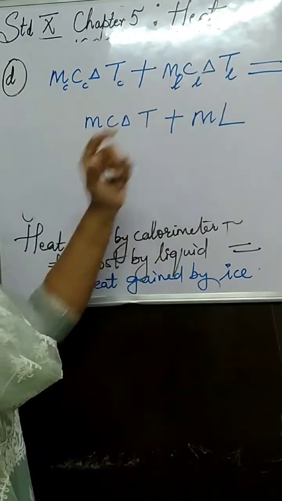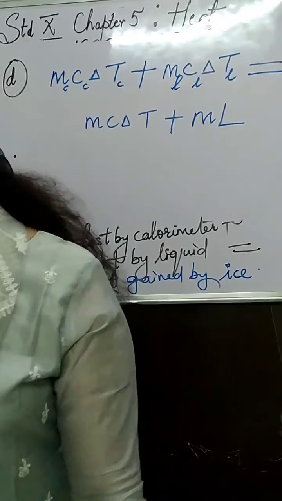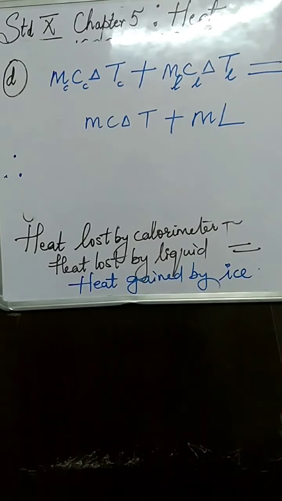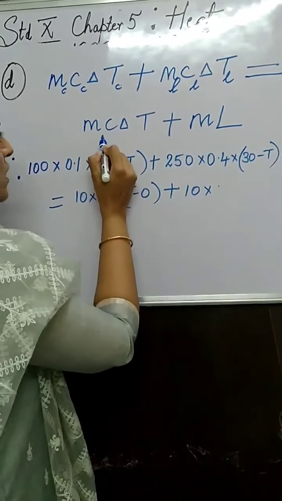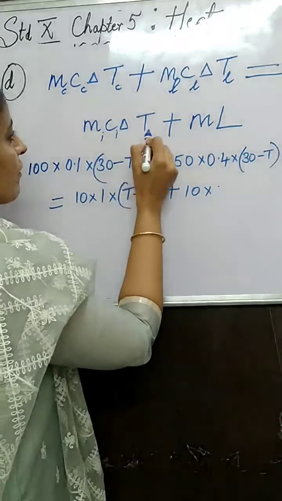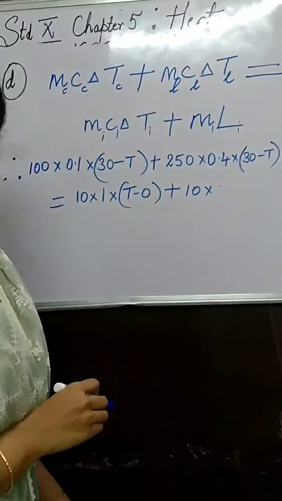Now put the values from the given part. MC delta T plus MC delta T is equal to MC delta T. This is for ice, so I everywhere. I for ice. Fine.